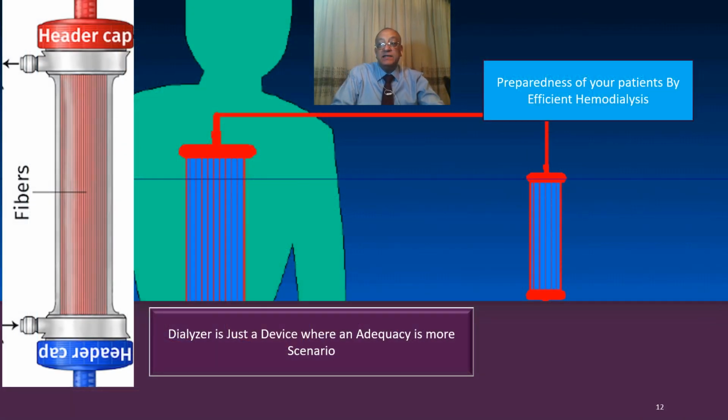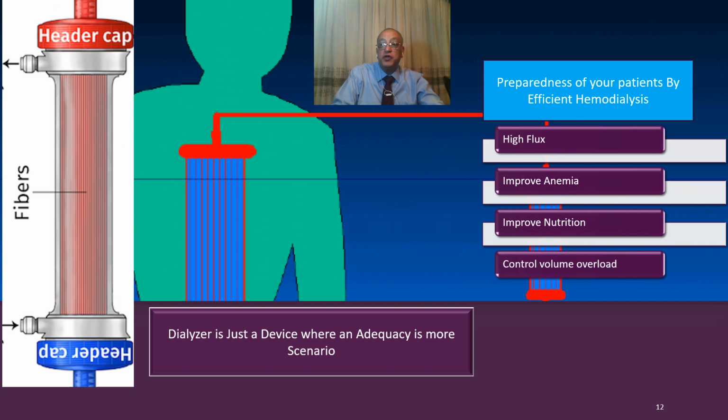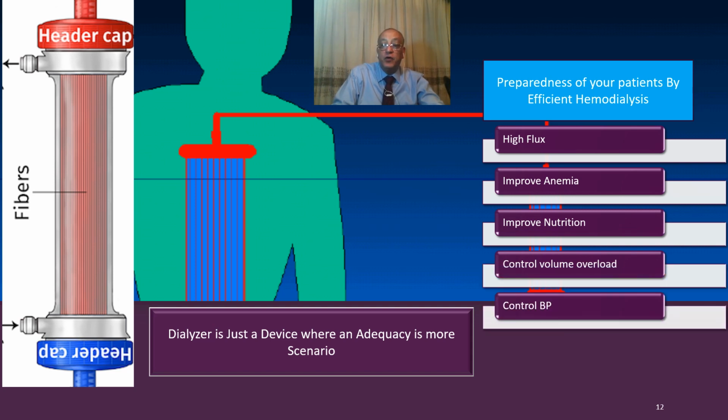Not only the dialyzer, as we also discuss multifactorial adequacy of dialysis: you should have a high flux, improved anemia, control of nutrition, control of blood volume, as well as control of blood pressure. So the dialyzer is just a device, where adequacy is the broader scenario.